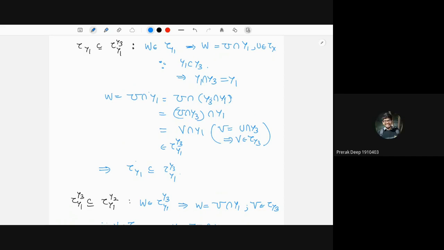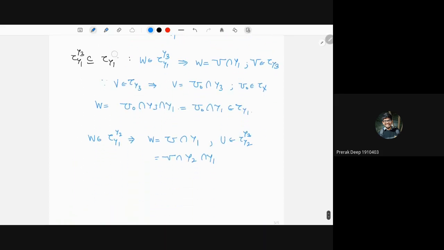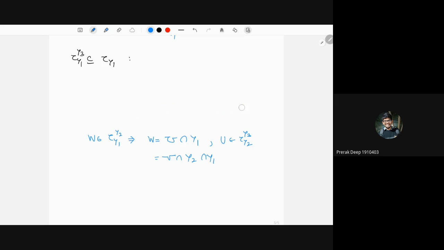Okay, now the other argument is much simpler. Again we start with an open set in this topology, and what does this mean?